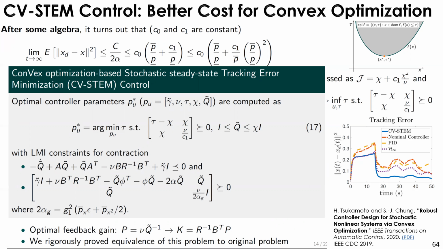You can apply this to the control method so that you have a nonlinear tracking controller that can minimize the steady state tracking error using this rigorous nonlinear stochastic contraction theory. You can easily show that its method, called CV-STEM, outperforms the H infinity or PID controller when you have to track a certain desired trajectory using stochastic nonlinear dynamics.